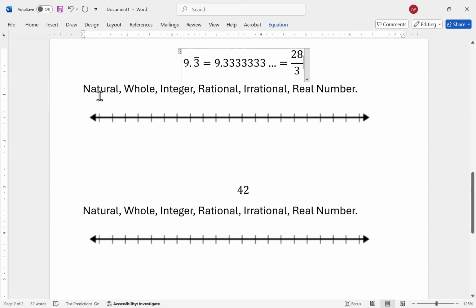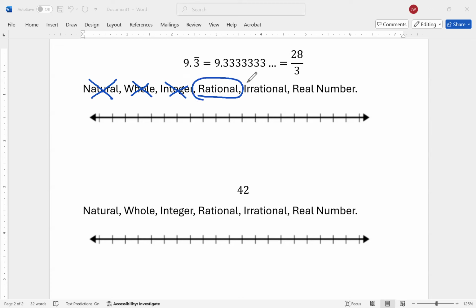Now, it's not a natural number because we do have a decimal expansion, not a whole number, not an integer, because it has a decimal expansion. It is rational because it can be written as 28 over 3, not irrational, but every number that can be plotted is a real number.